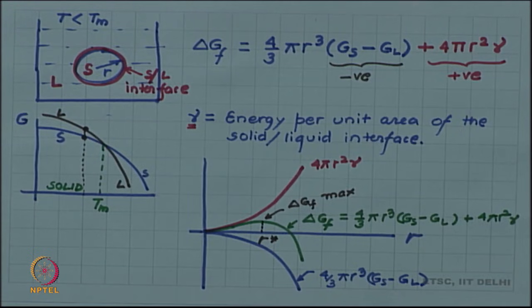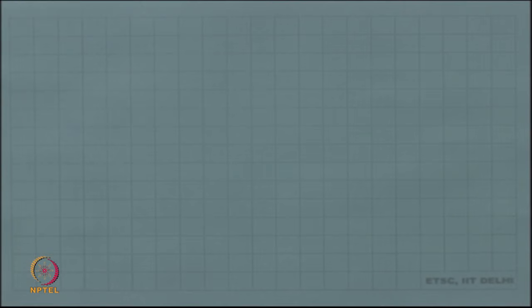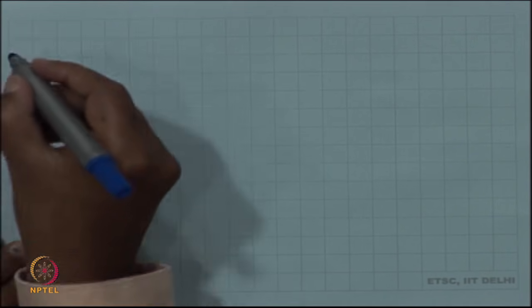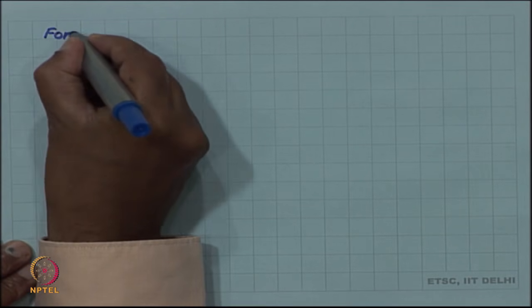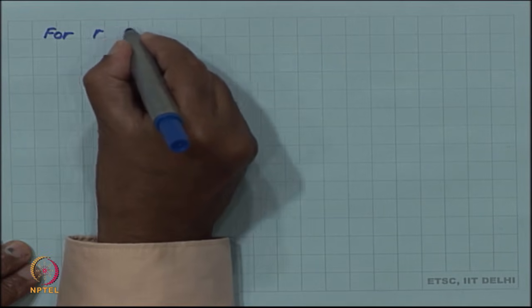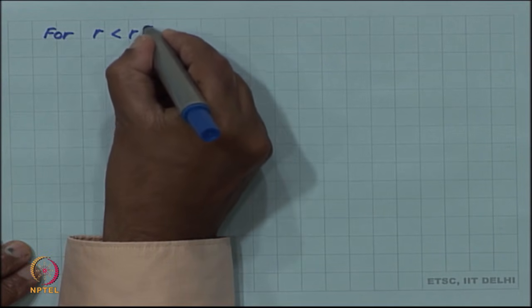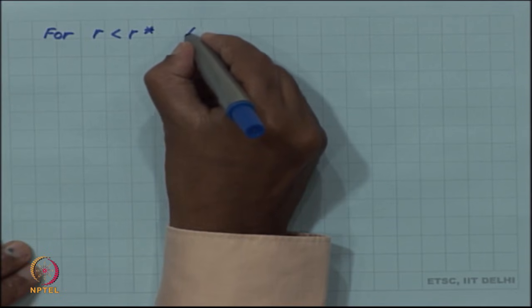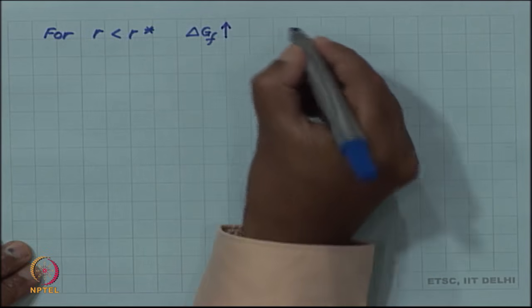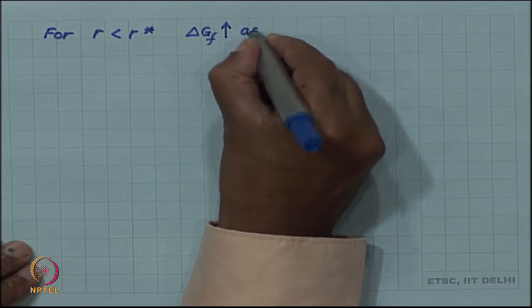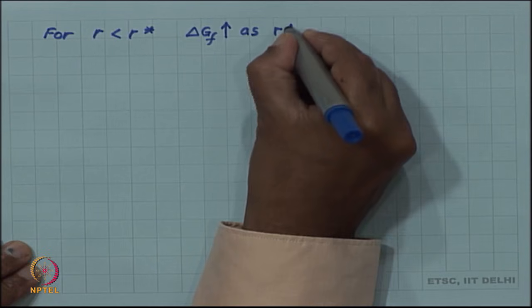So, let us make a note of this observation, that for r less than r star, delta Gf increases as r increases.